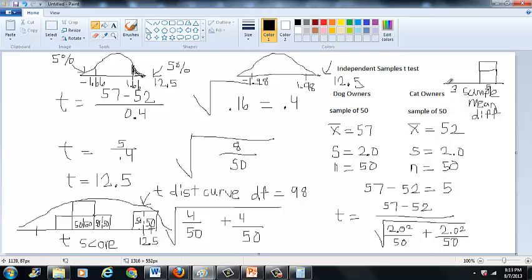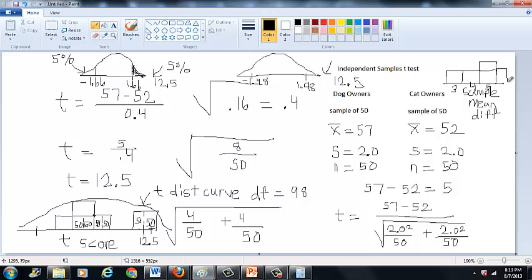So that combination would be at this sample mean difference of 3. Other data sets might give you a different difference, like 4.